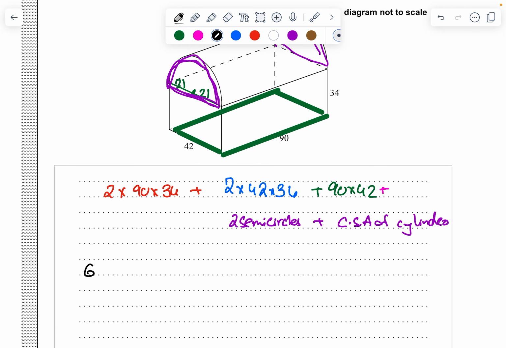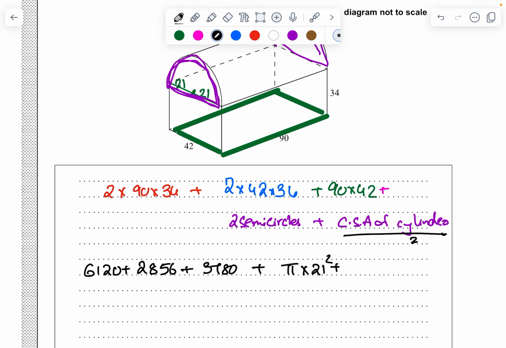So the first one will give me 6120, plus the next one will give me 2856, plus the next one will give me 3780, plus 2 semicircles, which means it is a circle, pi r squared, plus the curved surface area of a cylinder divided by 2 because it's only half of the cylinder.